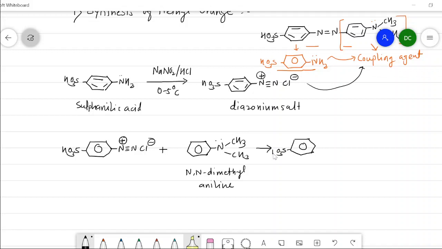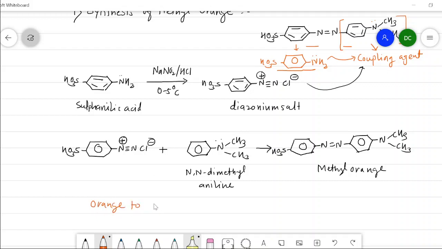Here SO3H group, then N double bond N. Here there is a formation of bond between aromatic ring and N(CH3)2. In this way we get methyl orange as an azo dye from the reaction of diazotized sulfanilic acid with N,N-dimethylaniline. This methyl orange imparts an orange color to wool and silk, but this color is sensitive to sunlight and washing.